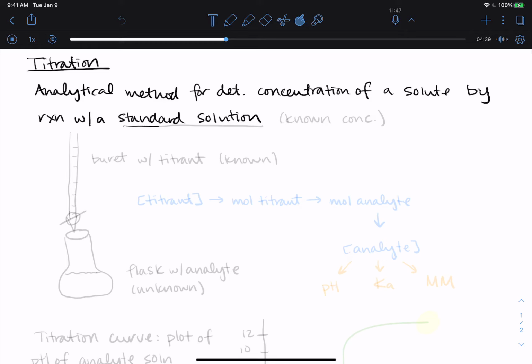Something that is a standard solution means that you know the concentration. So this has a known concentration and is usually very well known.